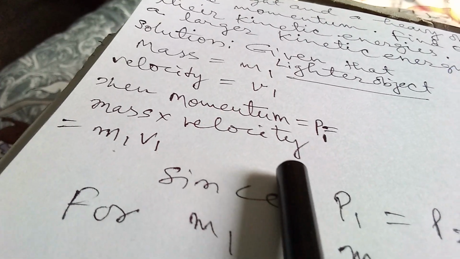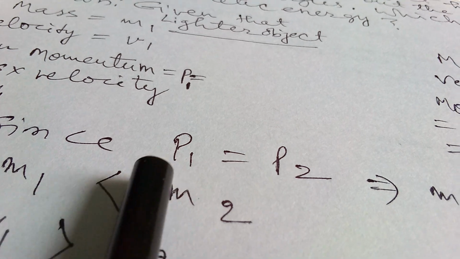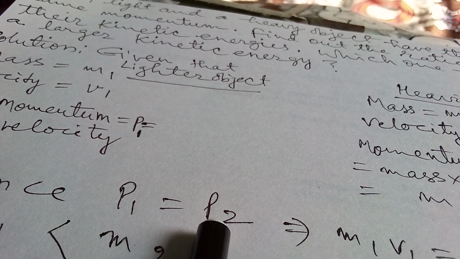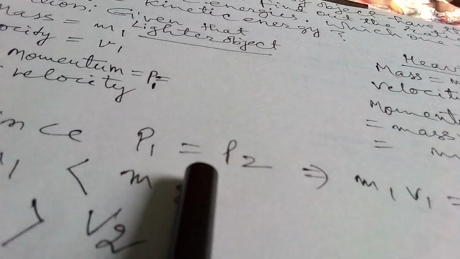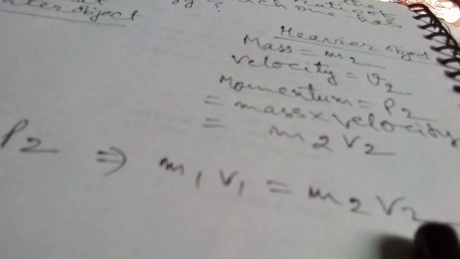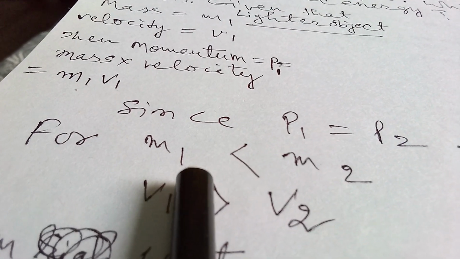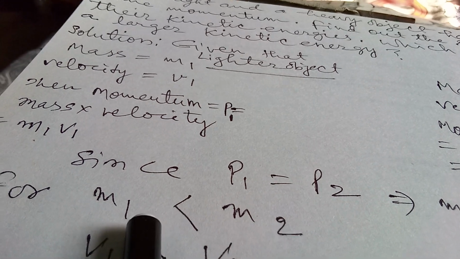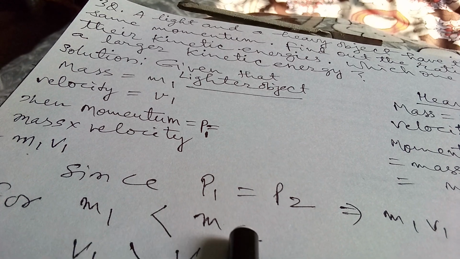Now according to the question, you know that momenta are equal, that's why p1 equals p2, because momentum of the lighter object is equal to momentum of the heavier object. This implies m1 v1 equals m2 v2. Since m1 is smaller than m2, that means lighter object mass is m1 and m2 is heavier object.